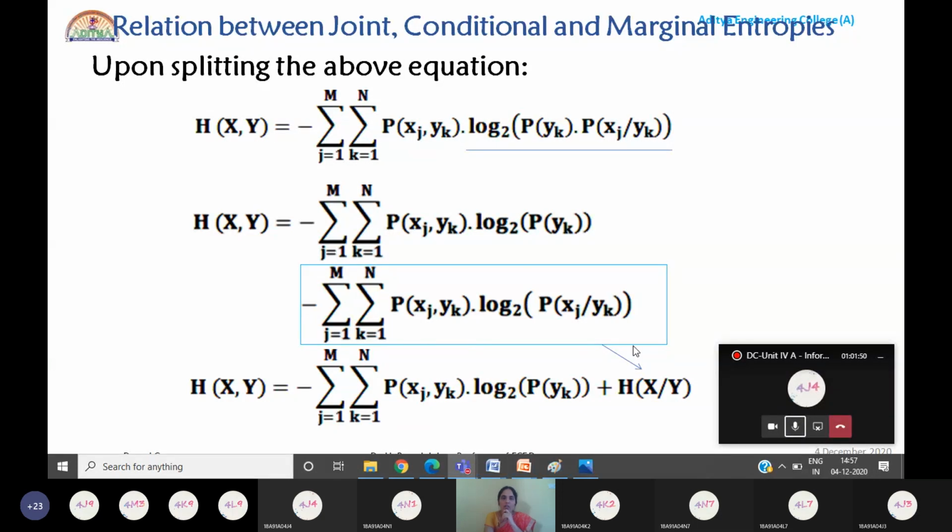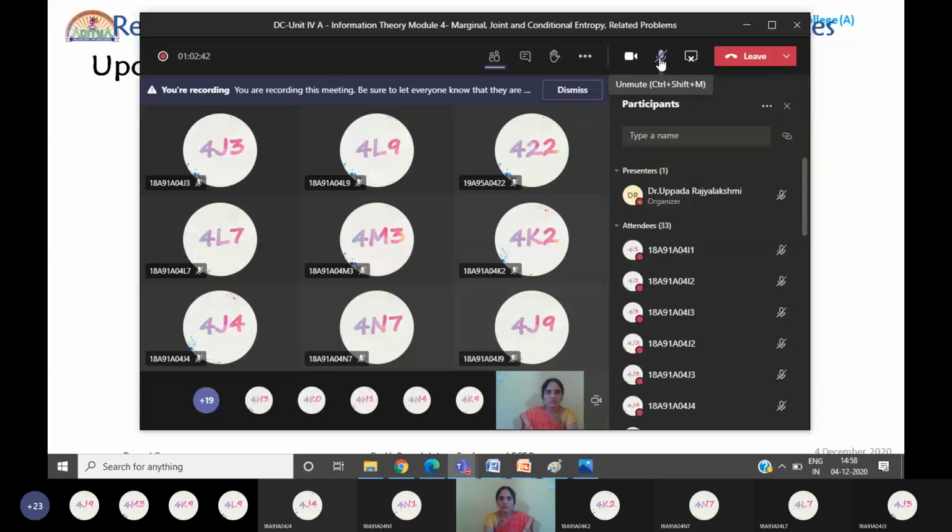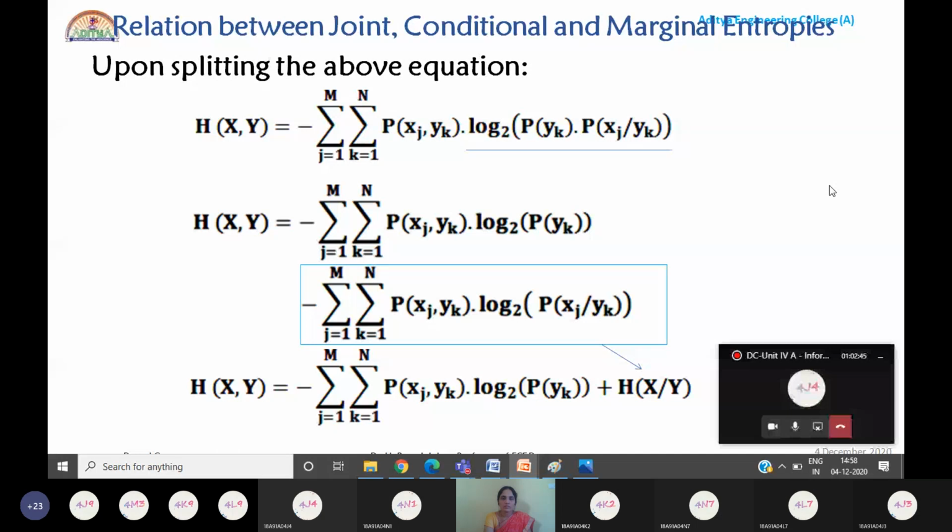Can you tell me which kind of entropy this equation is for?